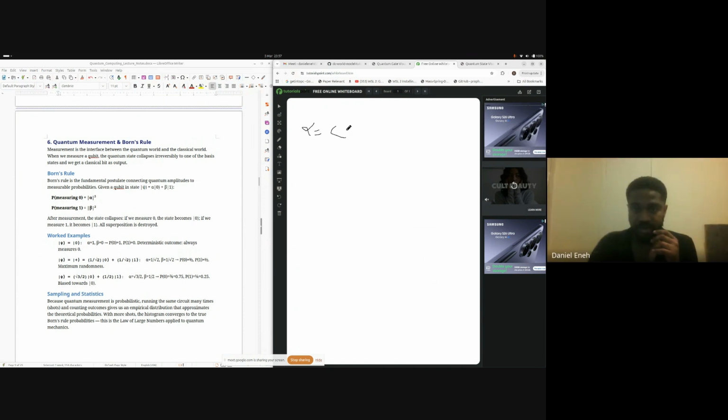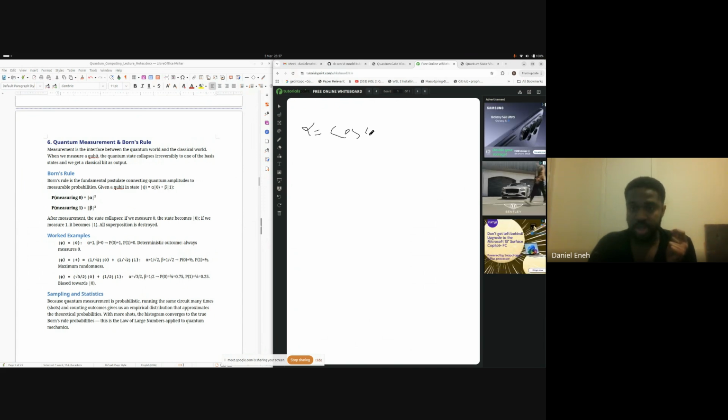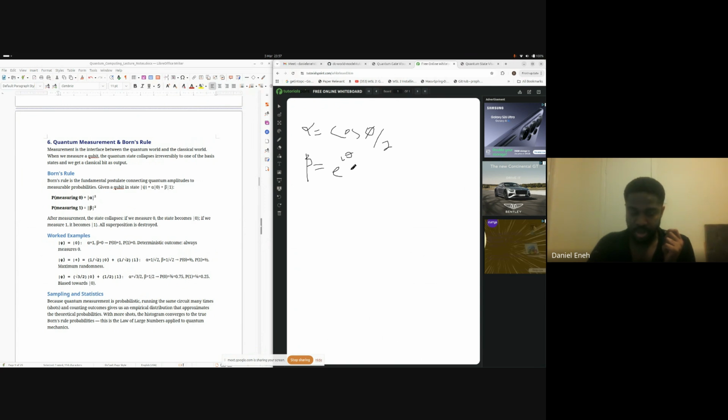So this is the formula for this. Take note. Alpha is cosine of theta over 2. I will send you this material on the Discord. They're just formulas. Once you know them, beta is e raised to the power i phi times sine of theta over 2.